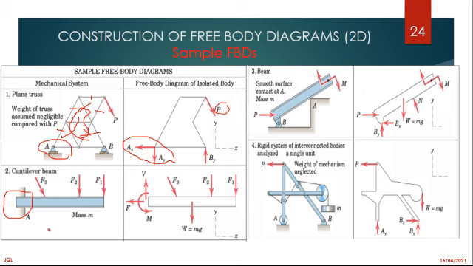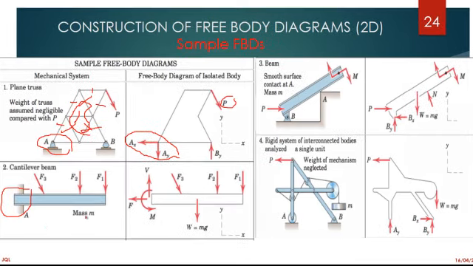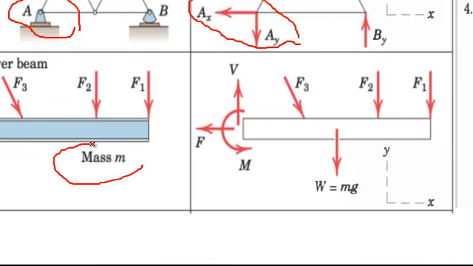Apart from that, the member itself, the beam, has a mass of m, so I also need to represent its weight, which is shown there as W equals the mass times 9.81.